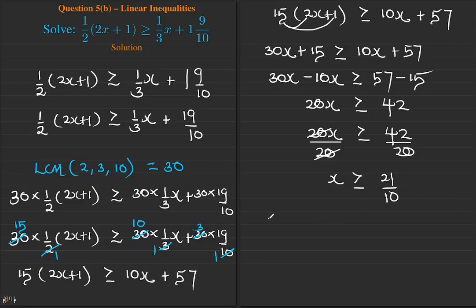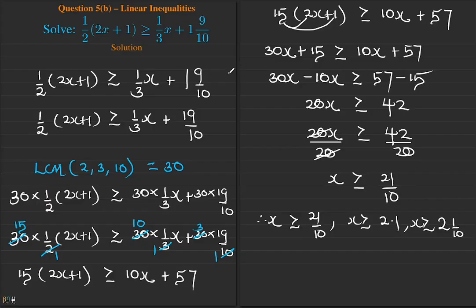So we can say, therefore, our x is greater than or equal to 21 over 10, or x is greater than or equal to 2.1, or x is greater than or equal to 2 whole number 1 over 10. As simple as that. Any of them is correct.